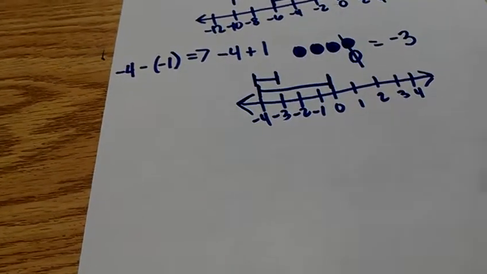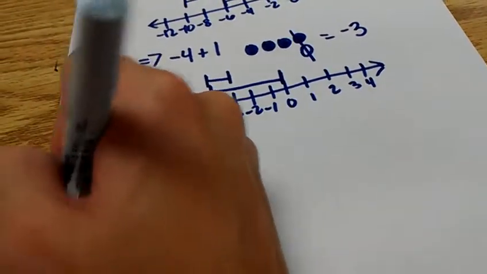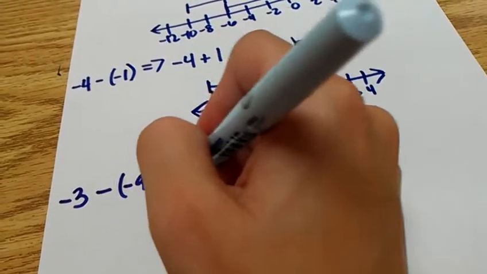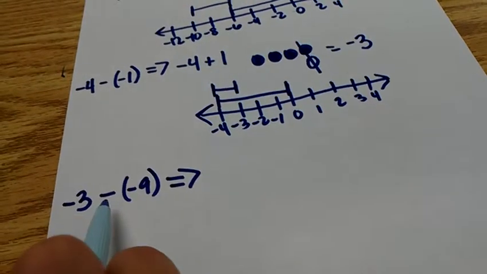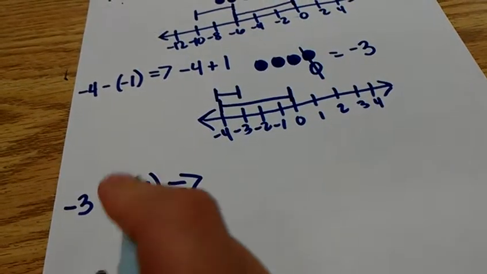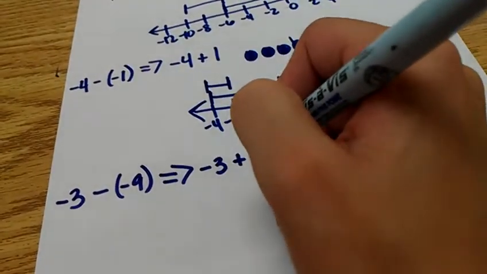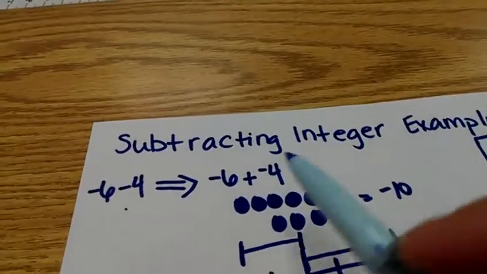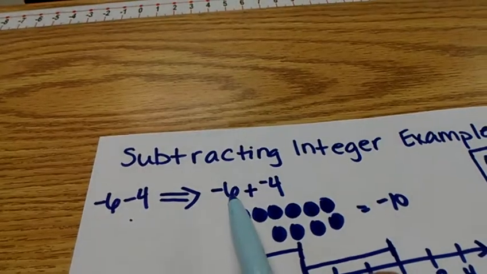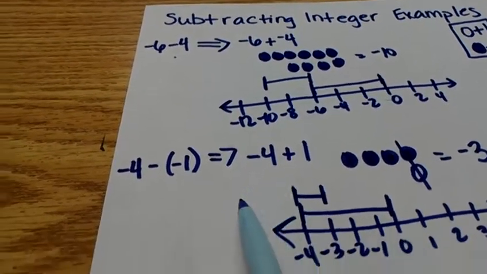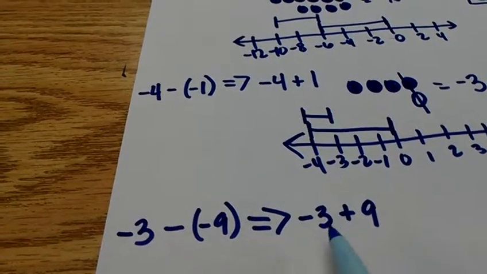Okay, last example is -3 subtract -9. Okay, I need to add the opposite, change this to an addition, and make this a +9. So -3 plus 9. As you can see in all of these problems, the very first term, -6, stays -6. -4 stays -4. -3 stays -3.